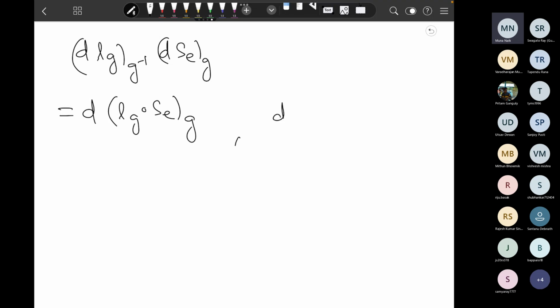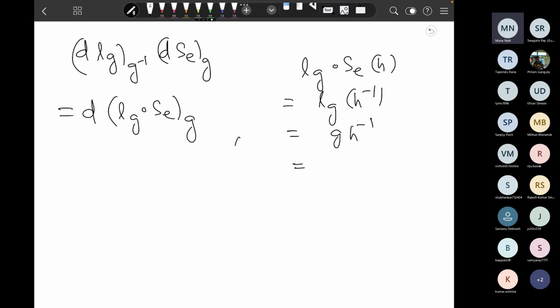Now what is L_g composed with S_e? S_e(h) is h inverse, so this is g h inverse, which you can write as (h g inverse) inverse.